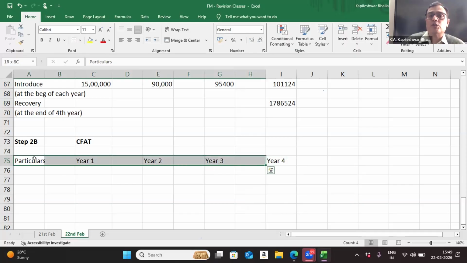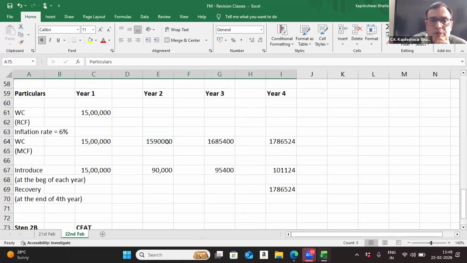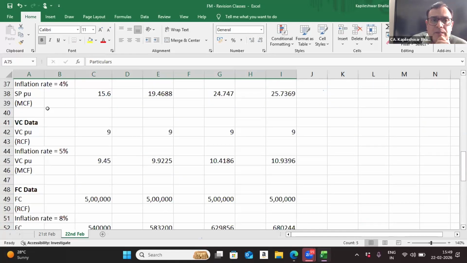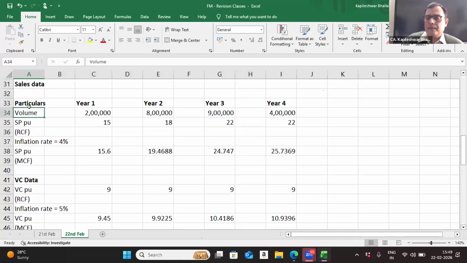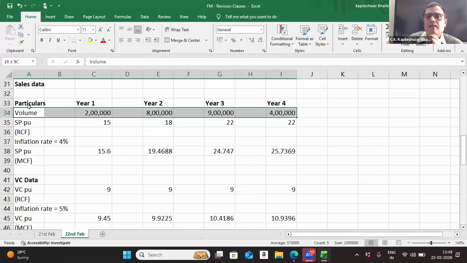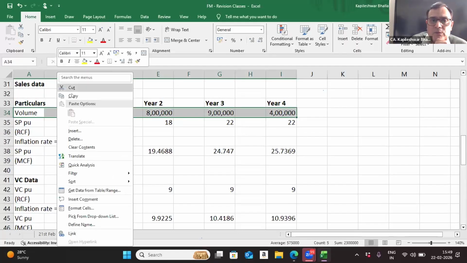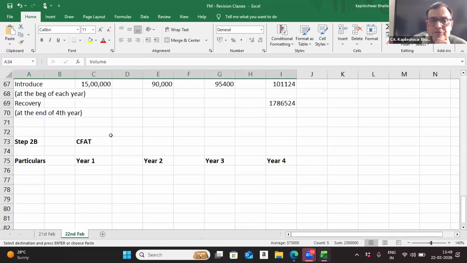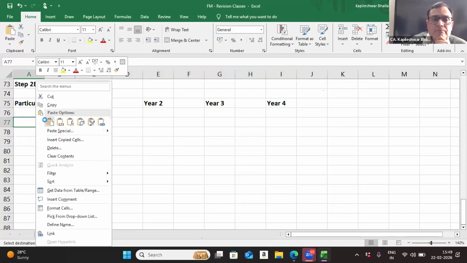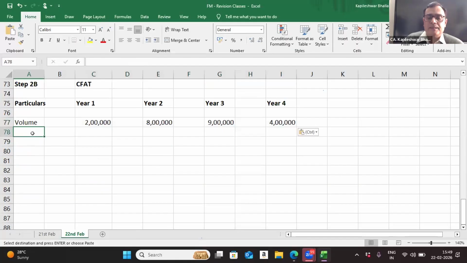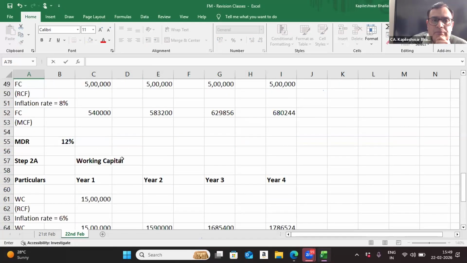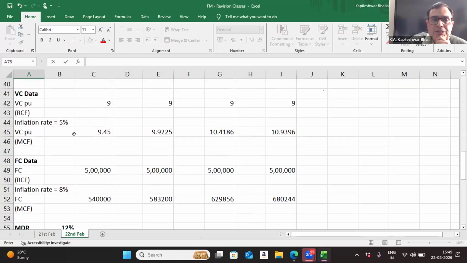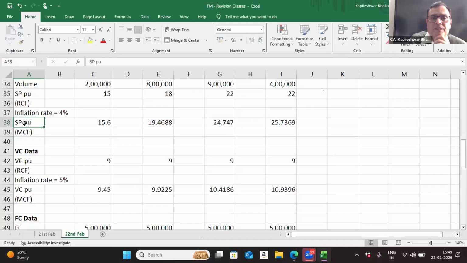First of all, let's note down the volume. I can take the volume data from here. Let me just copy that volume data directly. So this is my volume information, which I can fit in. Then we have the selling price per unit. Let me take this above only. My selling price data is out here in MCF terms.